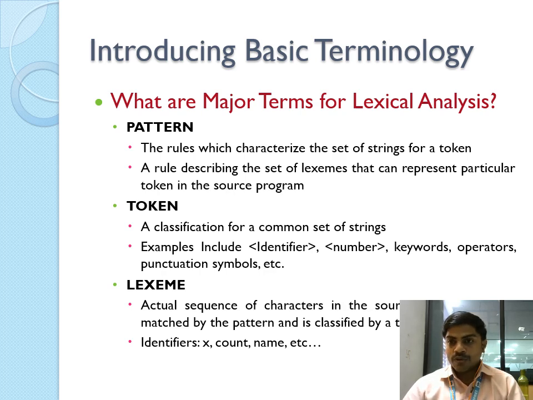The entire program as a whole is called a lexeme, and every individual unit of a program is called a token. The pattern is the rule which specifies the guidelines for how a token should appear. So those are the three different terminologies of lexical analysis.